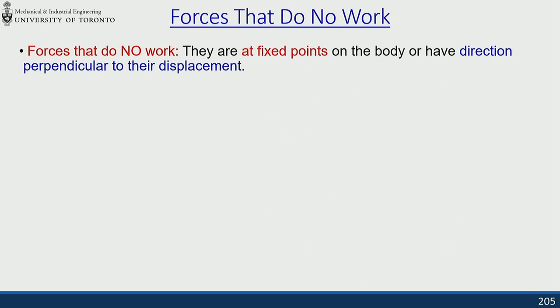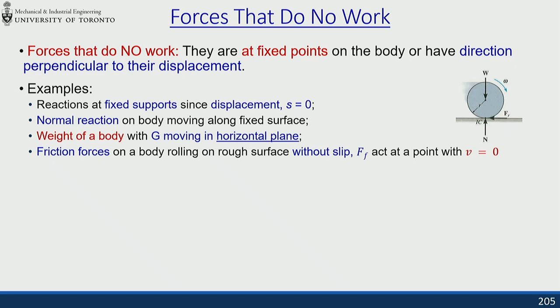Work done. So there are some forces that don't do work. Normal reaction is a great one because work done is basically force times displacement. If you have a normal reaction, let's say resting on a block, if there's a displacement, then it's levitating. There's no longer normal reaction. Another great one is friction when there's no slipping. So when it's just rolling without slipping, basically at the contact point, the velocity is 0.